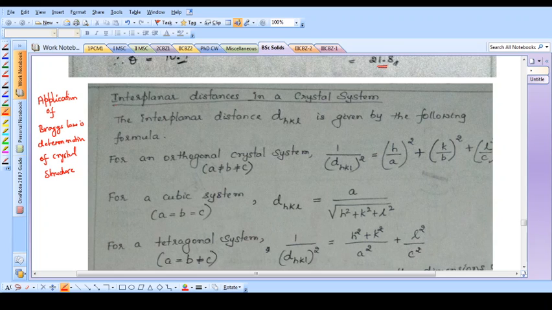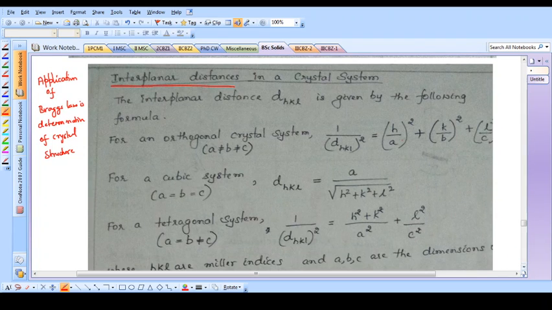Okay, so now we are discussing the distance between planes, interplanar distances in a crystal system. Suppose, let me draw a simple picture here. I have a unit cell here.